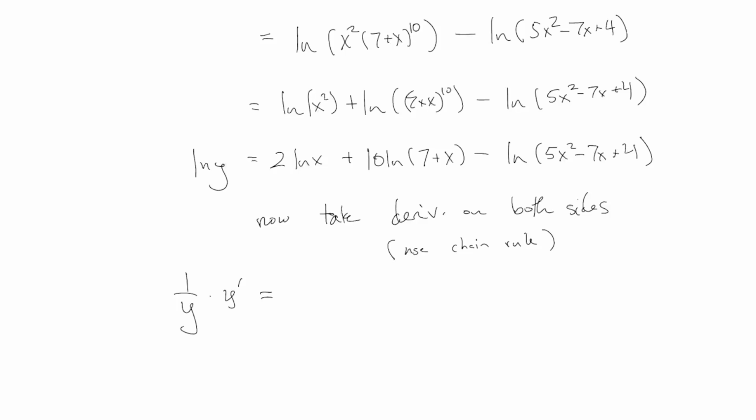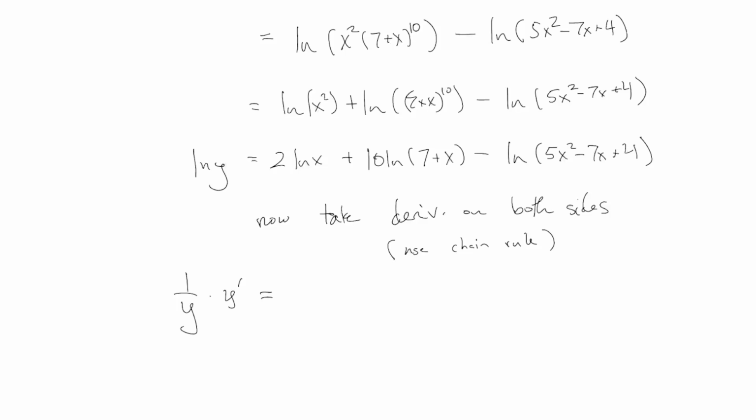That's the chain rule. It's 1 over y because the derivative of ln of something is always 1 over whatever. And then with the chain rule, I have to multiply times the derivative of the inside. So 1 over y times y prime. This is called the implicit derivative you may have heard of. We're not going to do a lot with the implicit derivative in this class, but that's that.